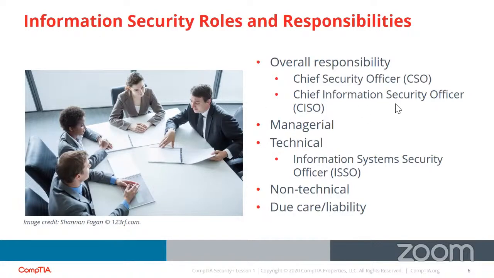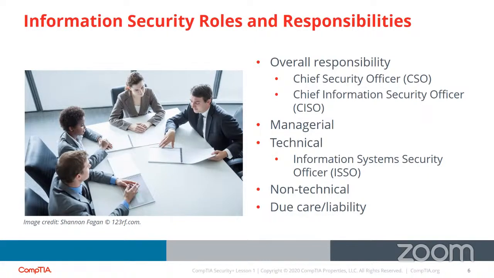The next is the Chief Information Security Officer. So in the ladder, at the top is the Chief Security Officer. Then down the ladder is the Chief Information Security Officer, which is also at the top position of the cybersecurity roles.